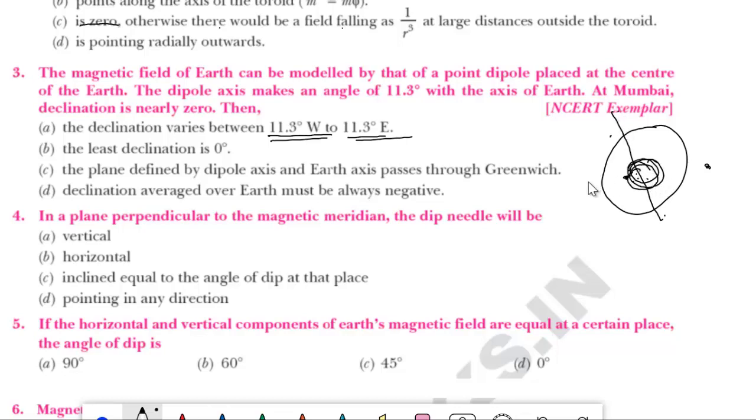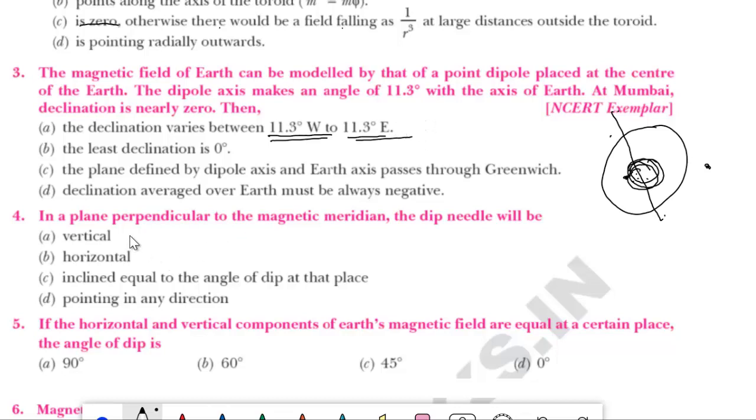The axis of the dipole does not coincide with the axis of rotation of earth, but it is presently at 11.3 degree with respect to the previous one. What will be the declination then? Since both are not coinciding, if one is west then the other will be east. So it will be varying from 11.3 degree west to 11.3 degree east.